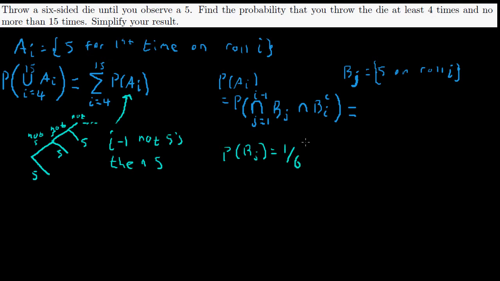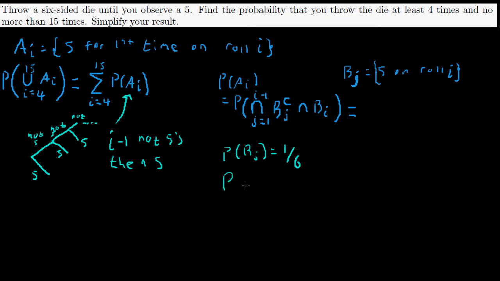So the probability of B_j is a 6th. Oh, I made a mistake up here. This should be the complement because I didn't get a 5 on roll j, and then I did on roll i. So the probability of B_j is 1/6.